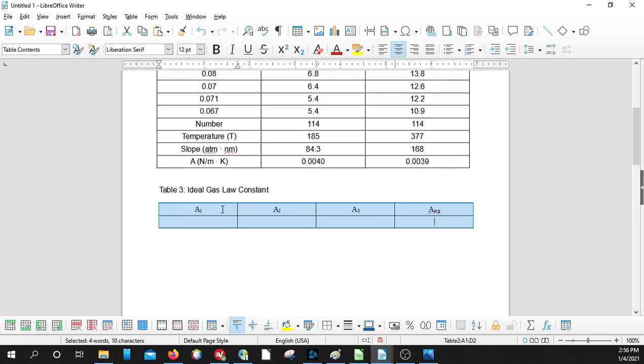Now, we always want units, so I'm going to put them here. So units for A, actually, I'll just copy and paste this. And copy and paste the whole unit thing.